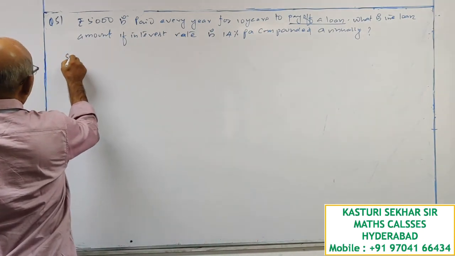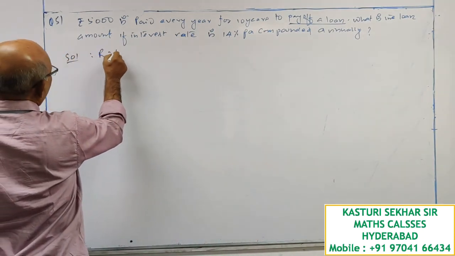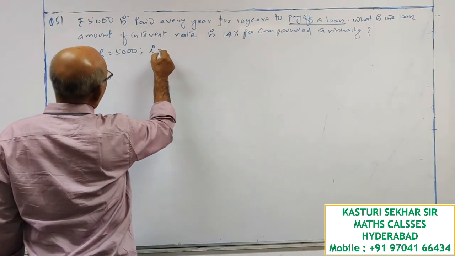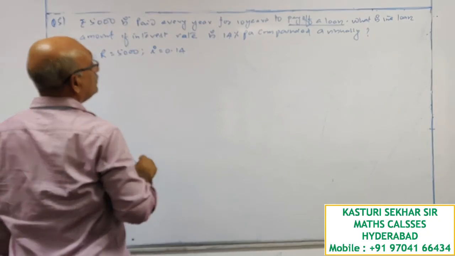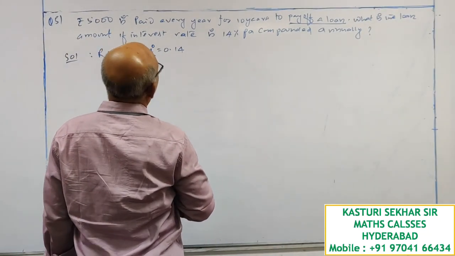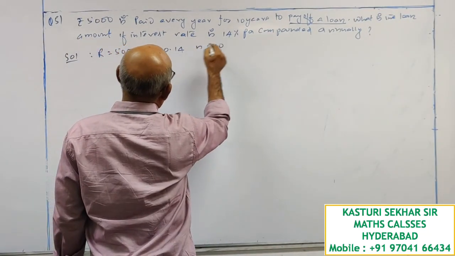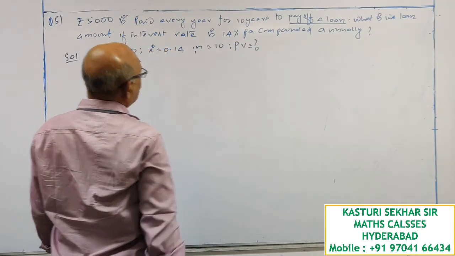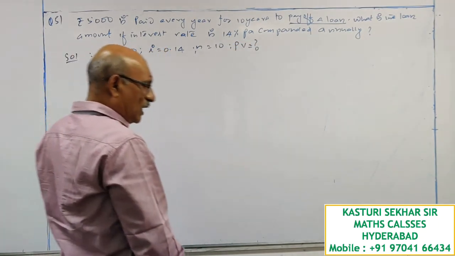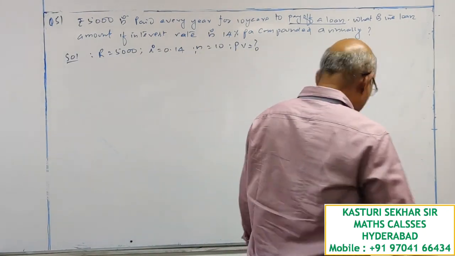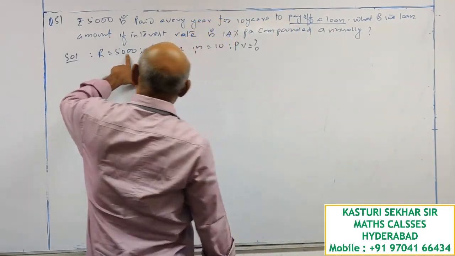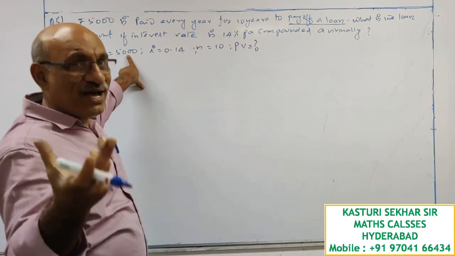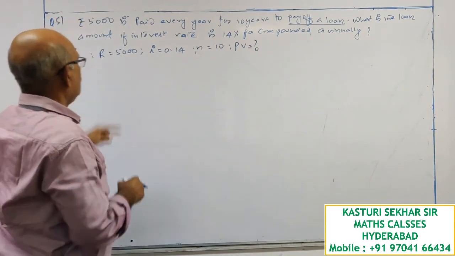So here, R is equal to 5,000, I is equal to 0.14, N is equal to 10. Present value, what is the loan value today? You are paying 5,000 rupees to repay a loan.